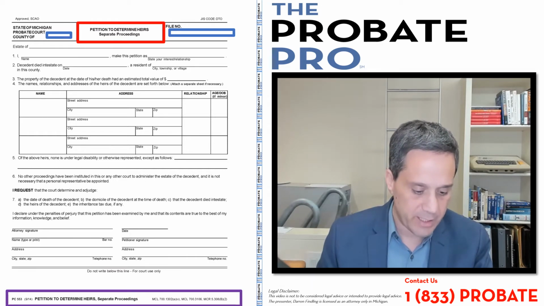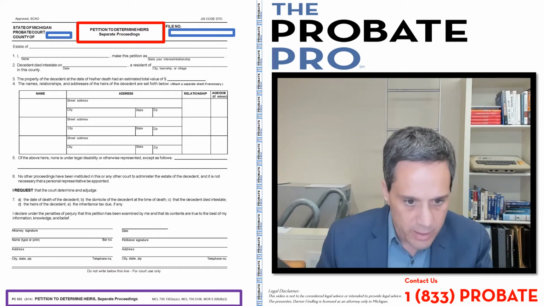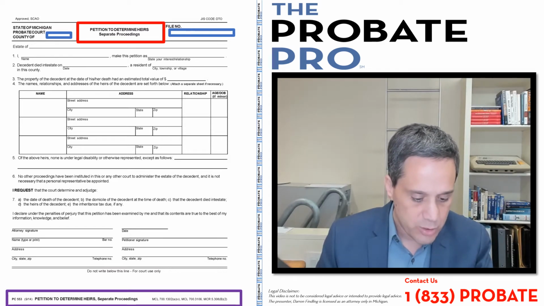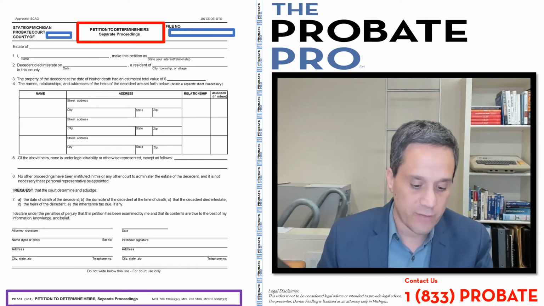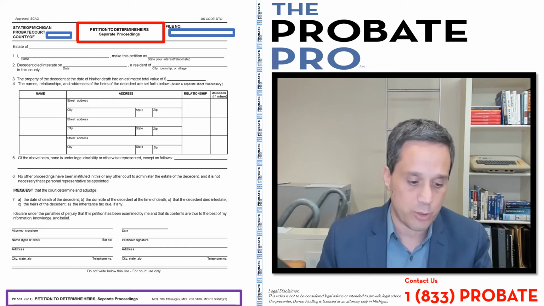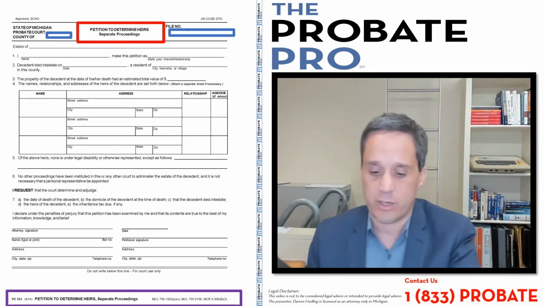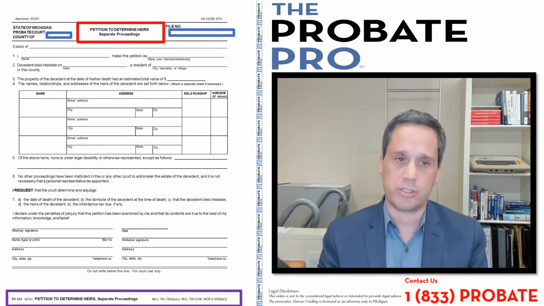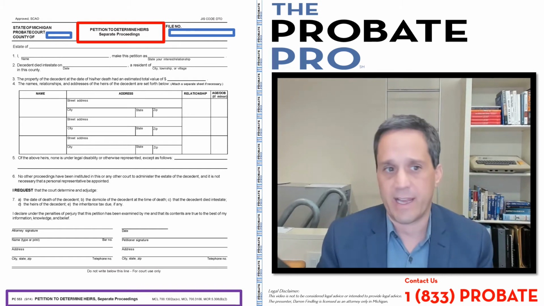Actually, I'm reading the wrong provision here. It's actually to ascertain beneficiaries and to determine heirs. So that determination of heirs within the probate administration under 700.1302, subsections (a) and (v), is for the determination of heirs. So the court has jurisdiction to determine the heirs of somebody that has died.